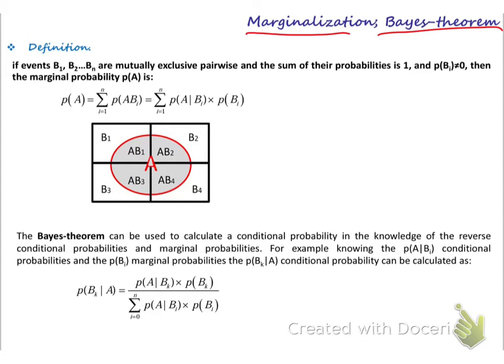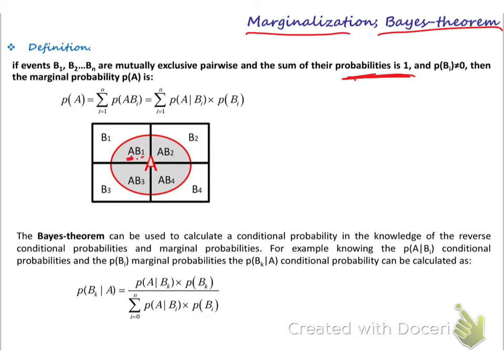So here, I have events B1, B2, B3, and B4, and the total probability of B1 plus B2 plus B3 plus B4 equals 1. And I have the intersection between B1 and another disease or criterion A, (A, B1). This is the portion of the disease which we have in B1.